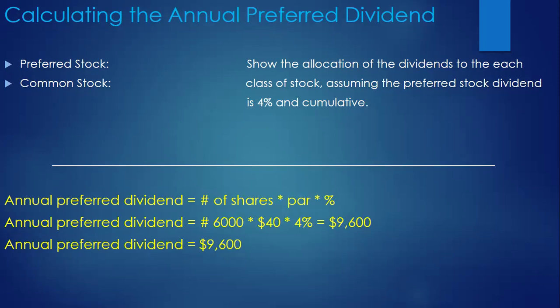The preferred stockholders have the advantage of getting their money first before the common stockholders. So they take the money first, even if a business has gone out of business or gone bankrupt, or whatever happens, or liquidation, they take their money first.